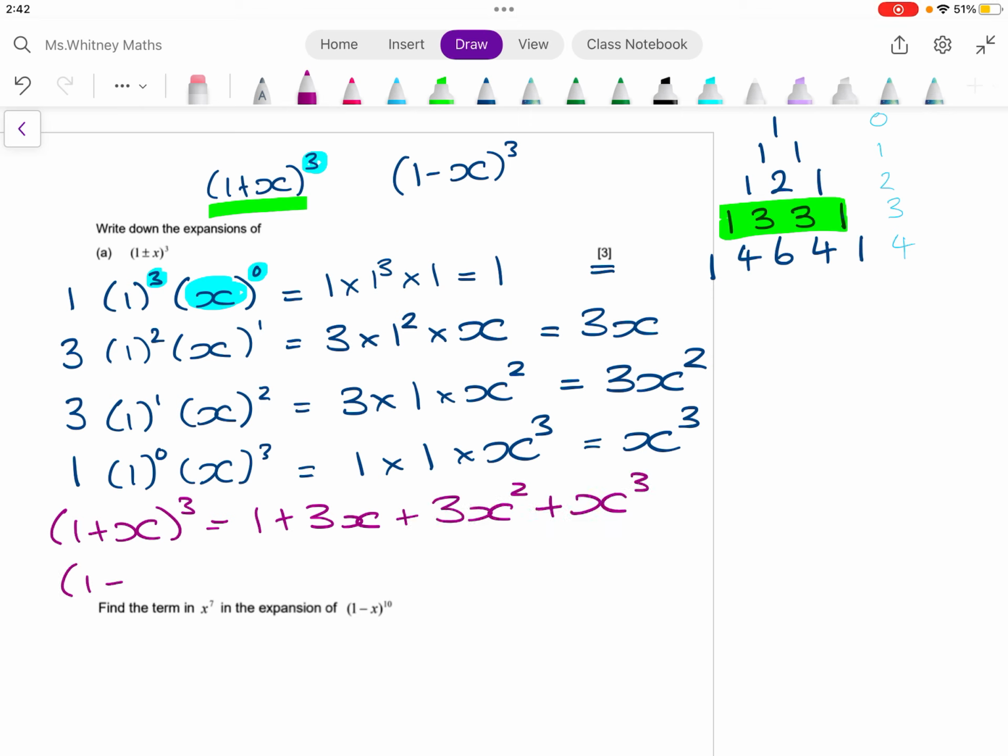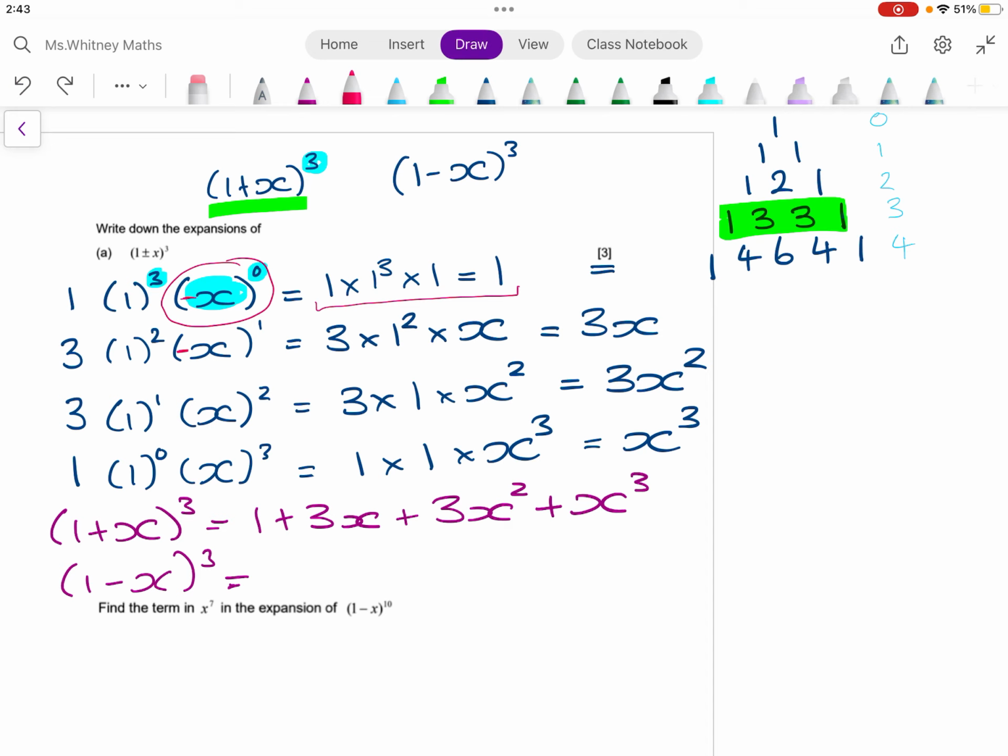The expansion of 1 minus x cubed is going to actually alternate with each one. So what I mean by this is, if you think about this logically, this one is going to become negative x, but the first term would still be 1 as a positive. The next one would be a negative, and this would become a negative.